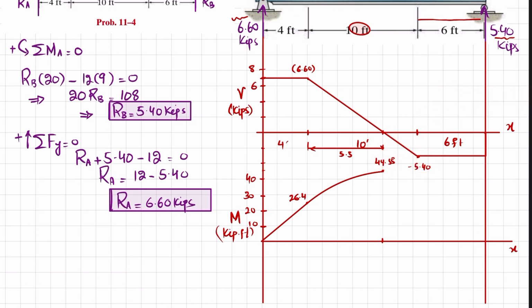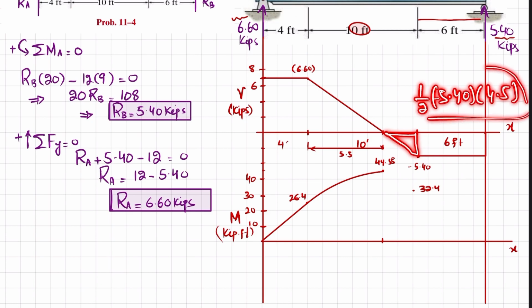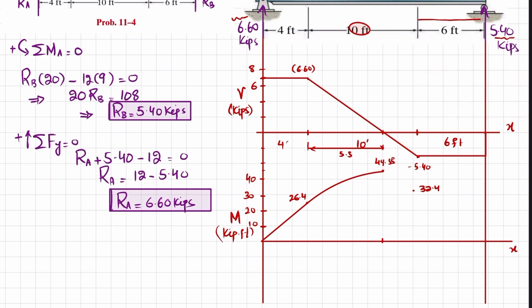So 32.4 will be somewhere here. I will repeat, when you take this area, which is 1 over 2 into minus 5.40 multiplied by 4.5, it will give you a minus value, which when added with 44.55 will give you 32.4. Also the slope of this line is decreasing and it is a first degree line. Clear?